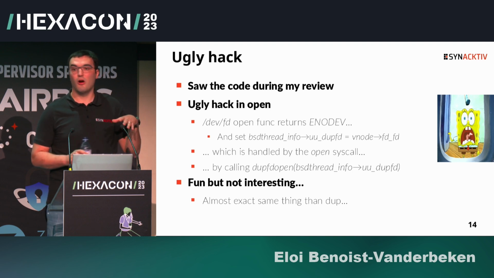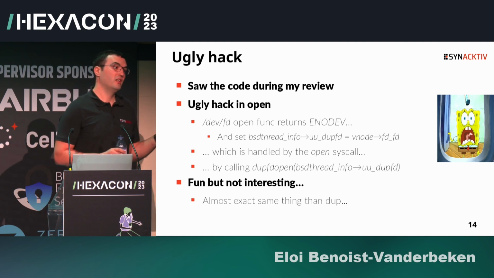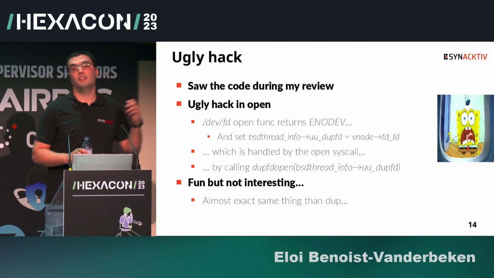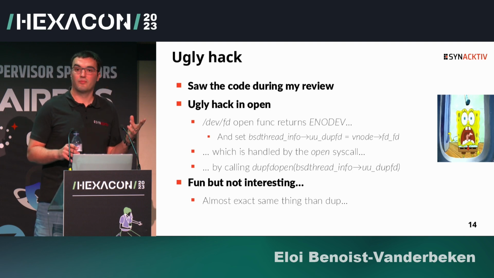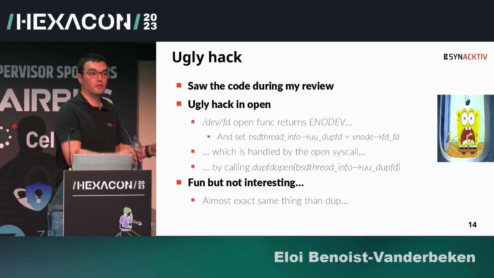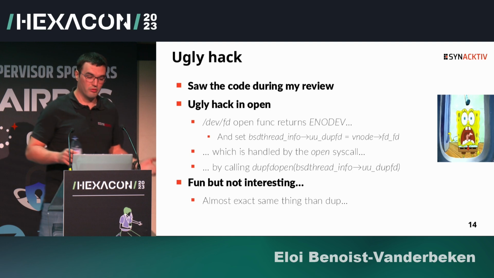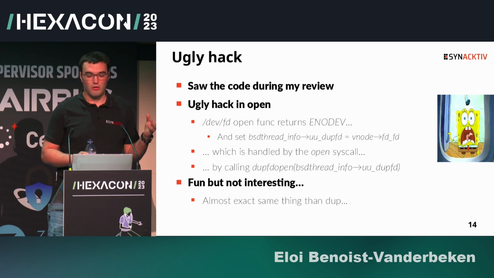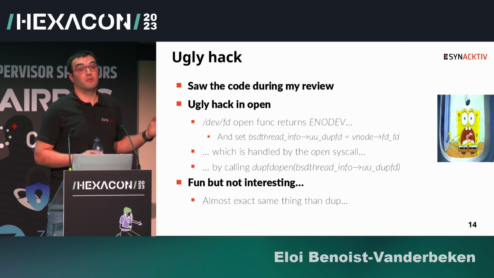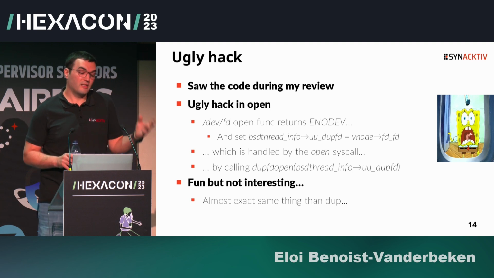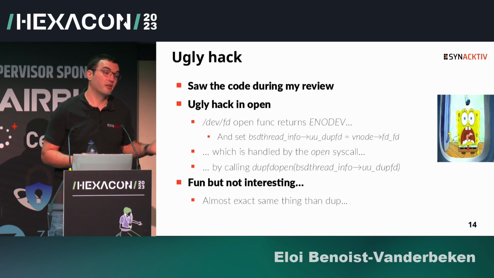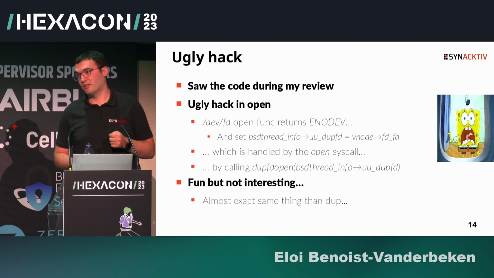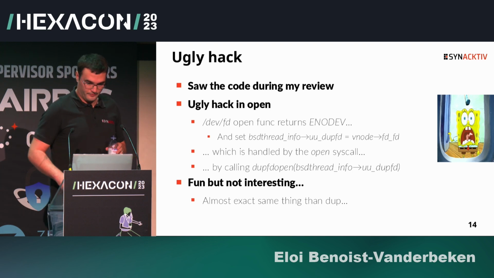The devfd open function will return a special error, and in the open function, this error is handled with special code, which is quite strange because you shouldn't mix file system specific code into the generic open function, but that's how they do it. In the end, open will just call the dupfd open function. So this is the exact same code that you can trigger with the dup syscall. So I was thinking, okay, cool story, this is quite an ugly hack, but that won't give me root.